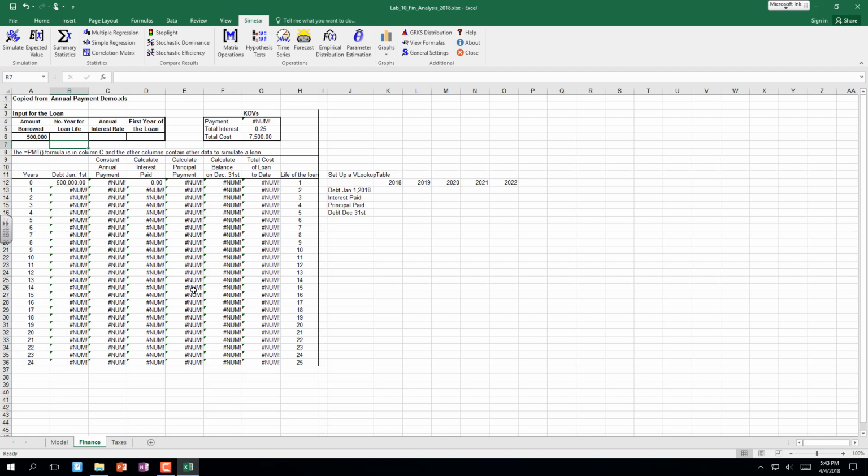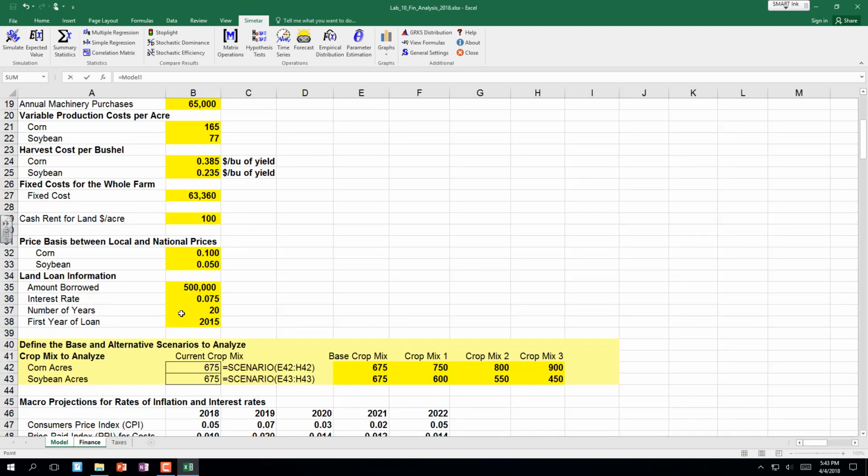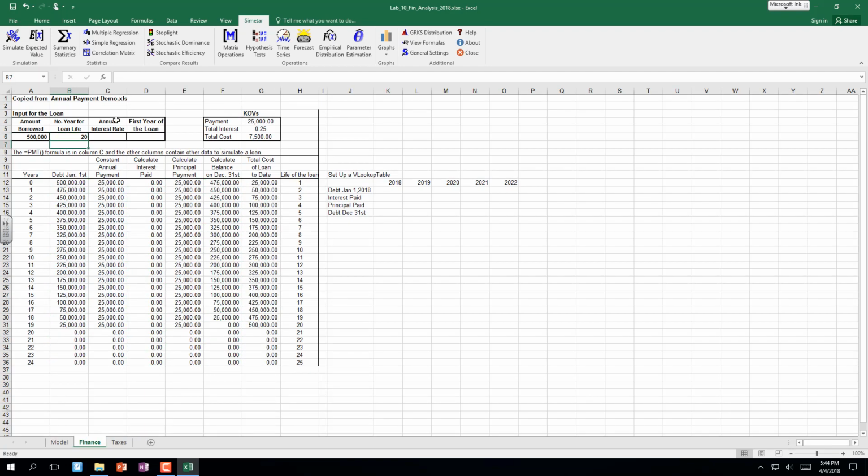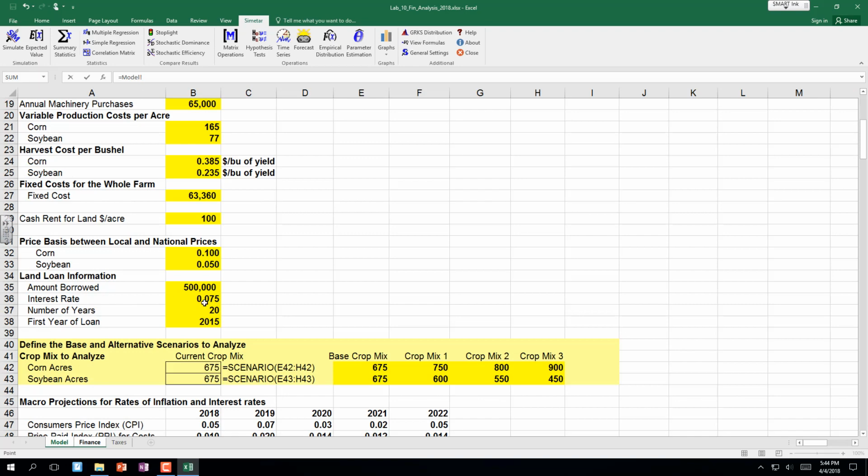The number of years on that loan, the life of it, equals, then go back to model. The number of years is B37. Annual interest rate. You click in there and say equal. And then the annual interest rate is there in B36.